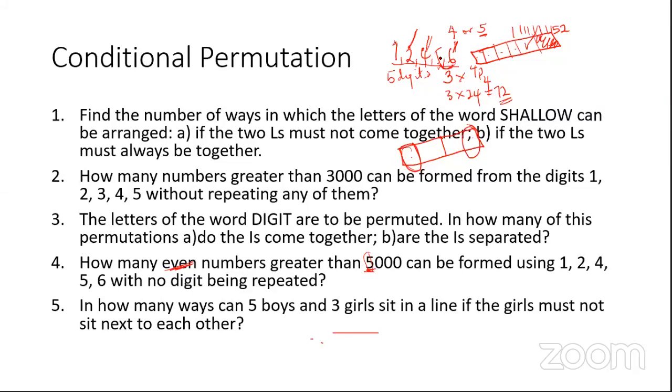So what I'm going to do now is let's assume that only 5 can start and 6 cannot start. So it means I have just one option. Having done that, I will now go to the back. How many numbers can end? 6 can end, 4 can end, 2 can end.